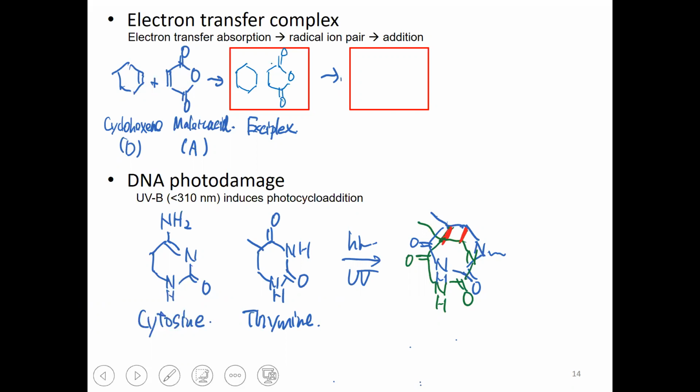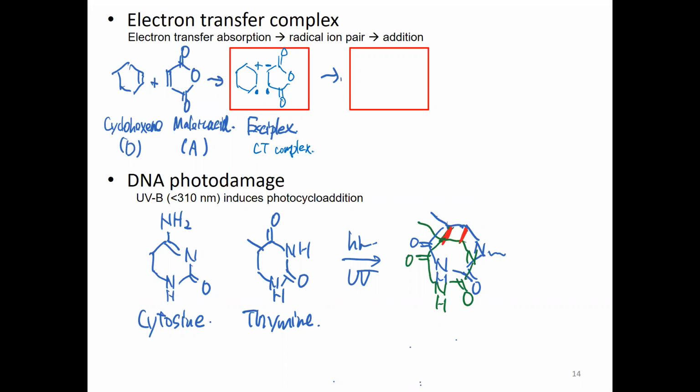So one side is electron accepting. In a sense, this is usually a charge transfer complex. It's not an X complex, but the CT complex, charge transfer complex.